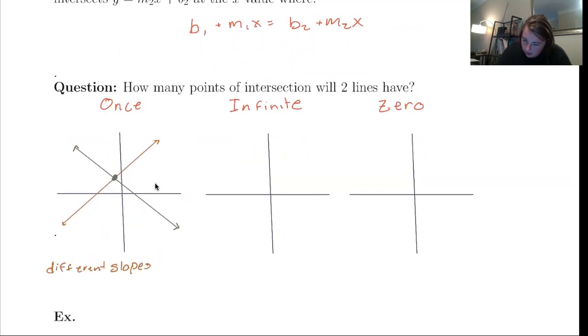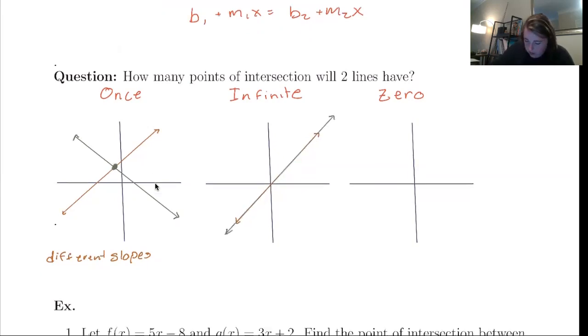And they're going to be intersecting infinite amounts if it's the same slope and y-intercept, which is the same line. But what if they have the same slope and different y-intercepts? We saw that a few classes ago, I think even last class.